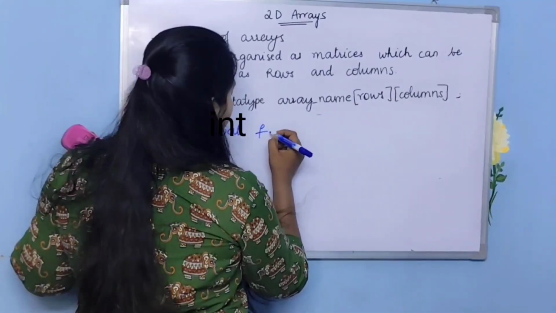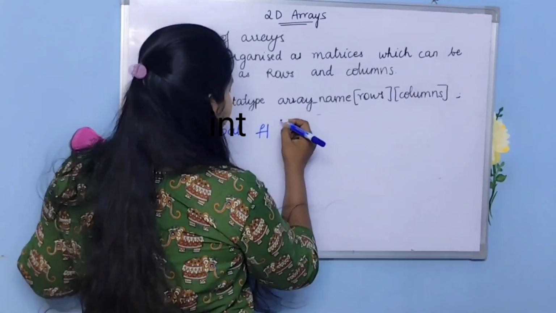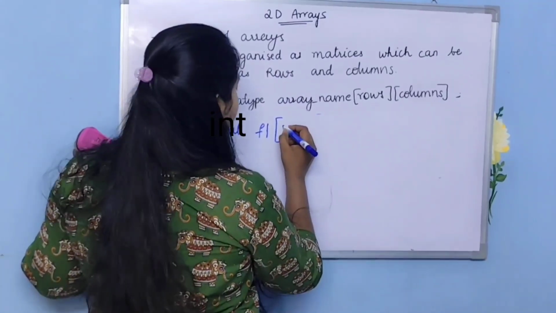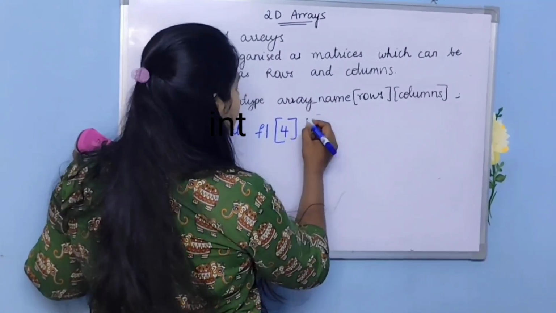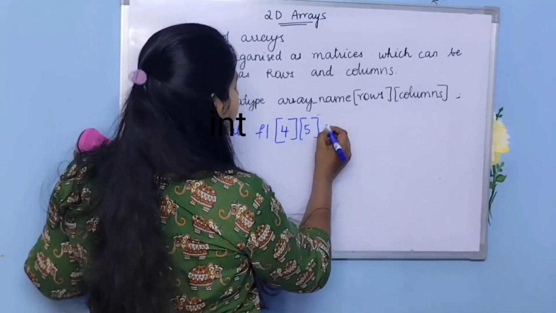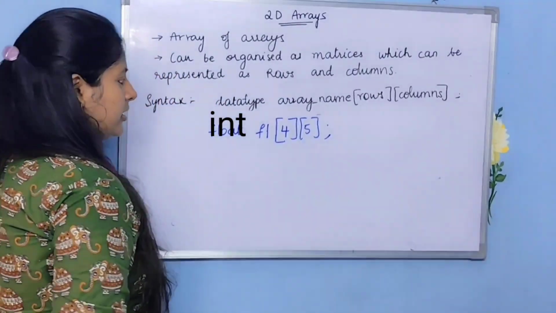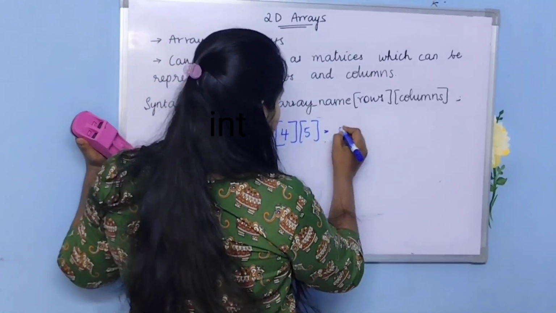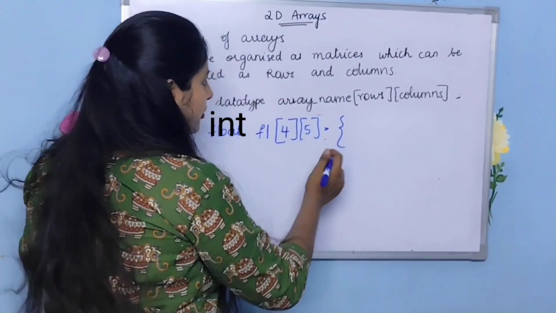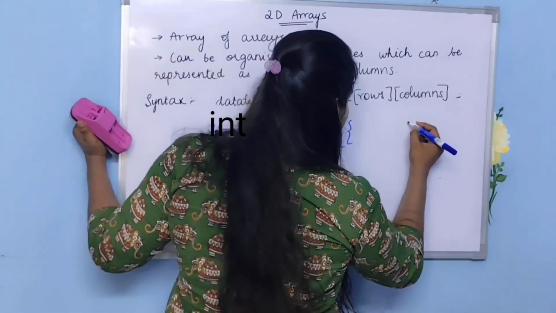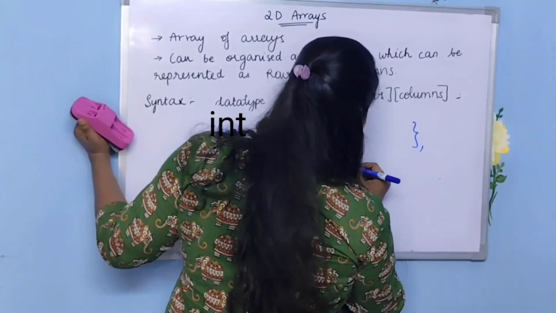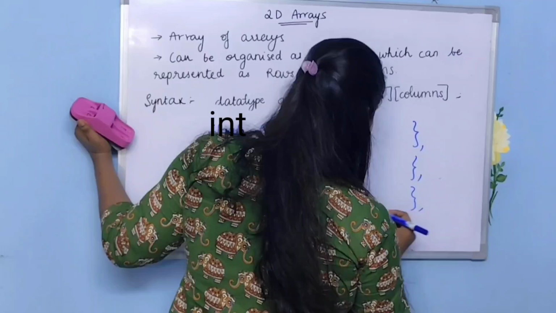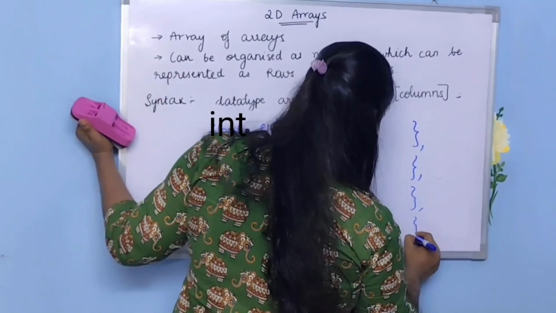Okay? My array name is F1. I need 4 rows and 5 columns. So, how do I declare that? Equals to, first I need 4 rows of data.